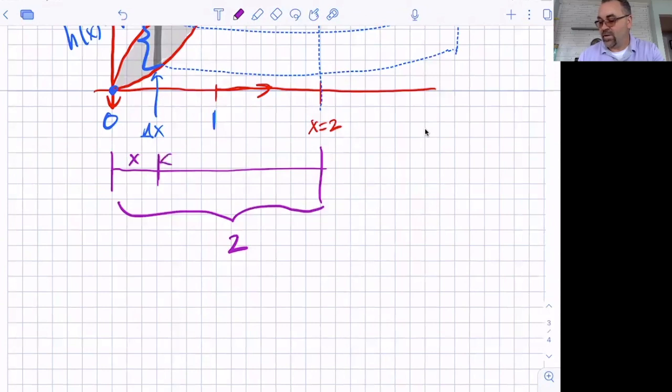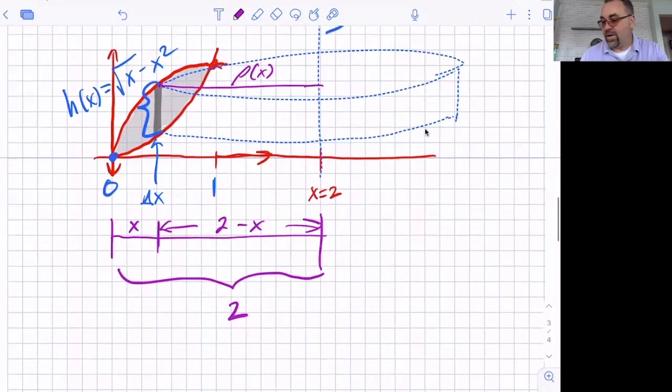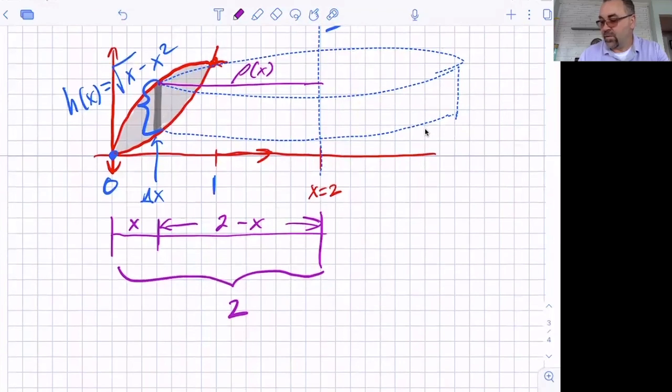So what is this intervening distance right here? You got it. That's 2 minus x. That's what we're going to use for our average radius function, the radius from the axis of revolution over to the representative rectangle. That is our 2 minus x.